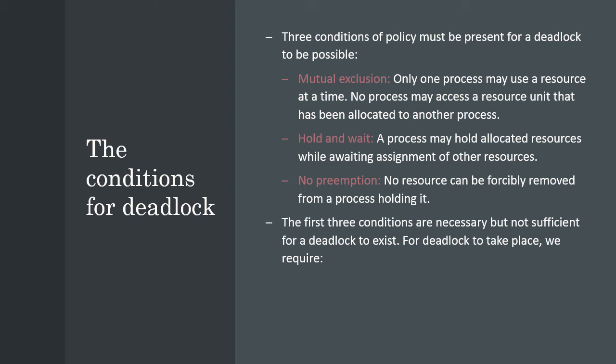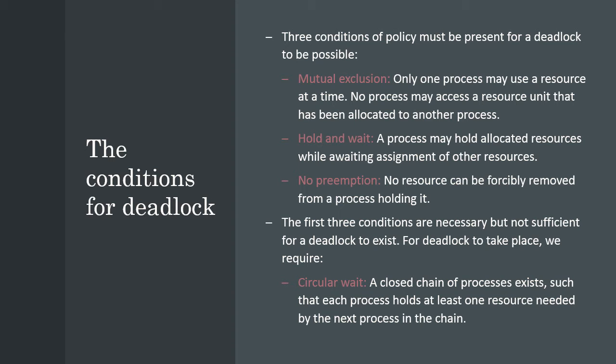The first 3 conditions are necessary but not sufficient for a deadlock to exist. For deadlock to take place, we require a fourth condition, circular wait. A closed chain of processes exists such that each process holds at least one resource needed by the next process in the chain.